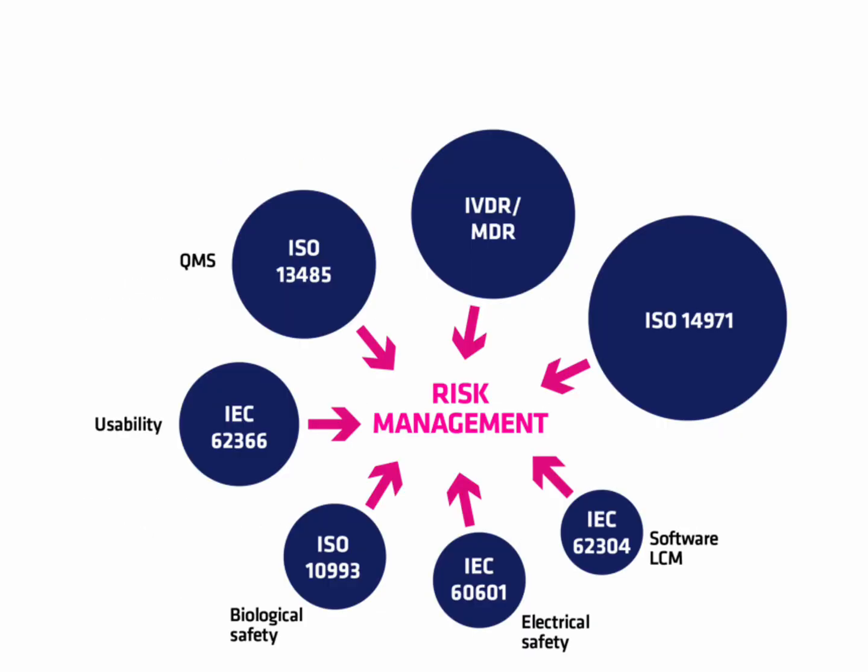So now let's talk about the risk management. For the risk management, I'm just going to talk about different regulations like IECs. We can also talk about ISOs like ISO 14971 or ISO 13485, or other ISOs like ISO 10993.